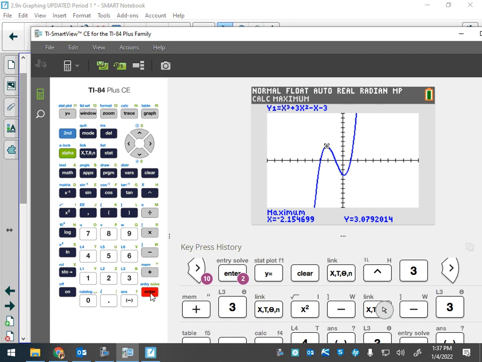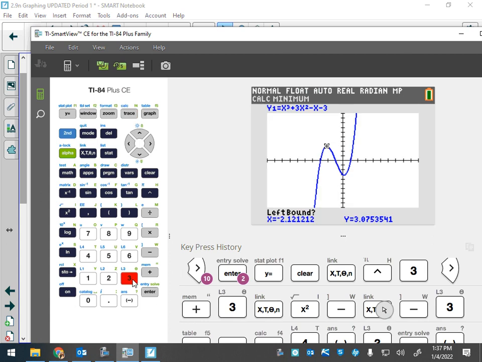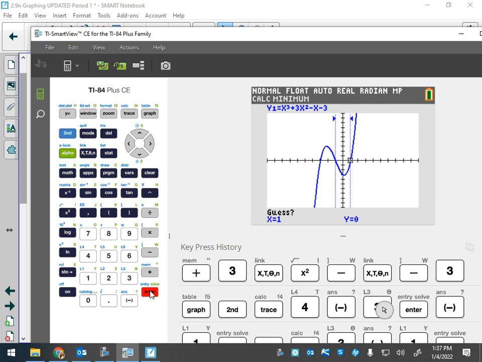So now I'm going to find the minimum. Second trace, number 3, the minimum. Left bound, I'm going to use -1. Right bound, I'm going to use 1. So what it's doing is enclosing where that minimum is. Okay? Then I'm going to hit guess.